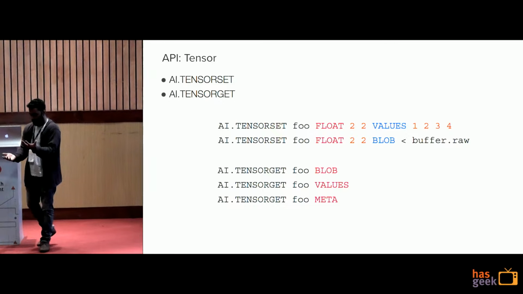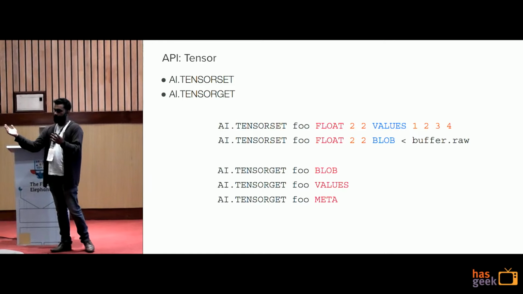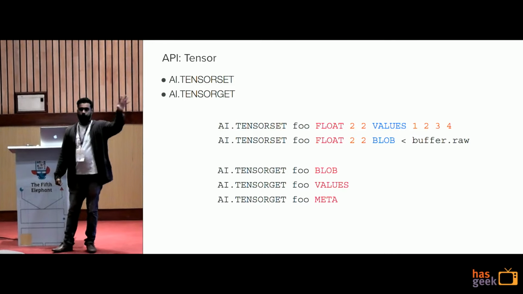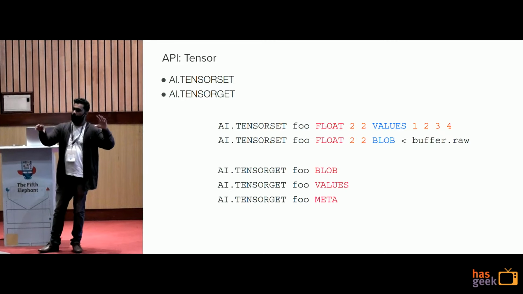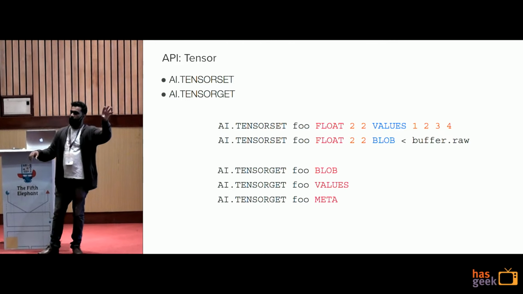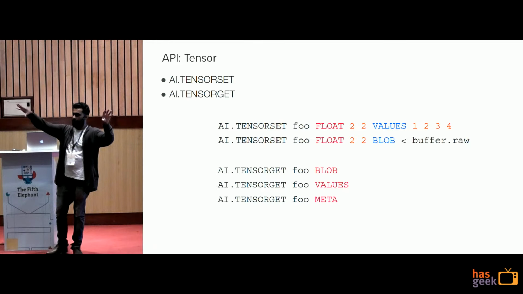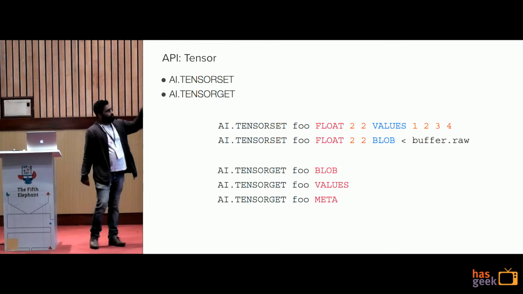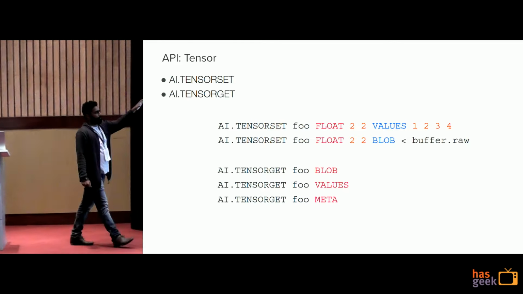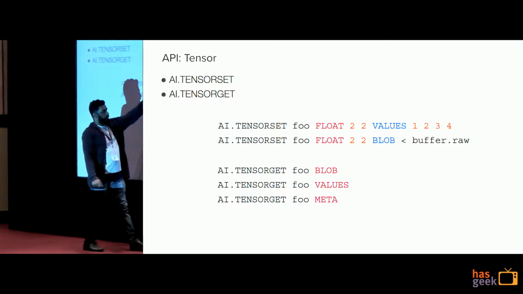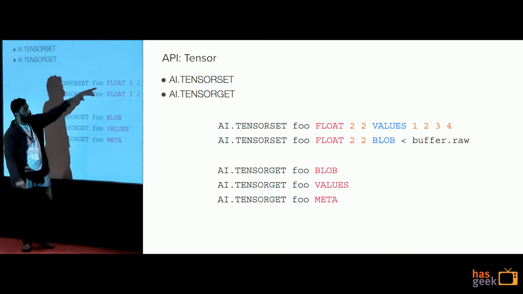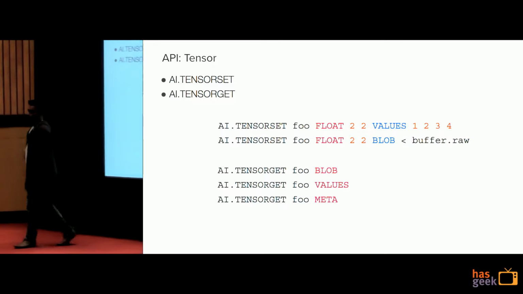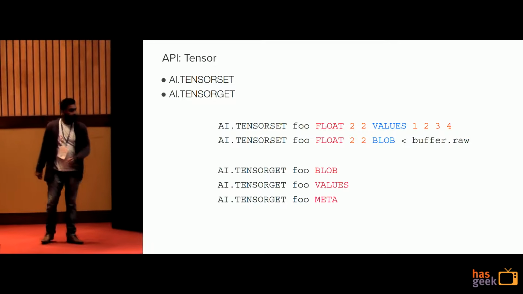If you don't know already, Redis is a key value store, as I said. So everything that you send to Redis is going to be associated with a key. So you say this is the key I want to save this model or this data with. With tensor set, you say foo is my key name, and I want to save this data of type float, shape 2 by 2, and 1, 2, 3, 4 as the value on that key, foo key, right?